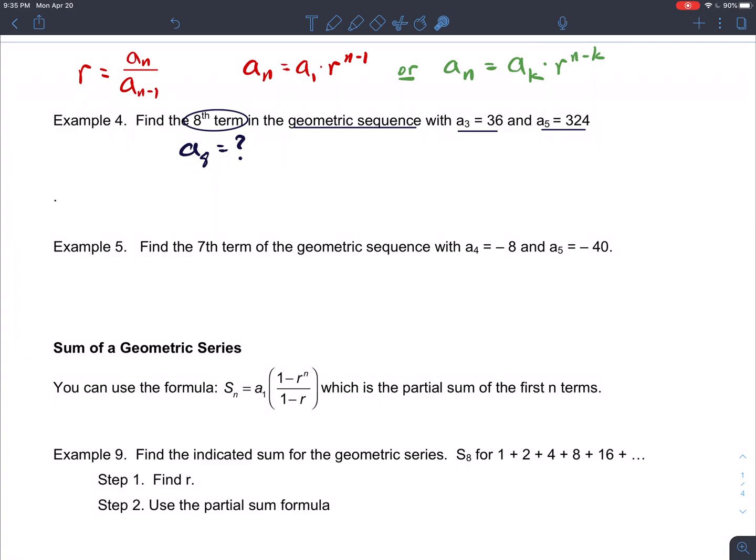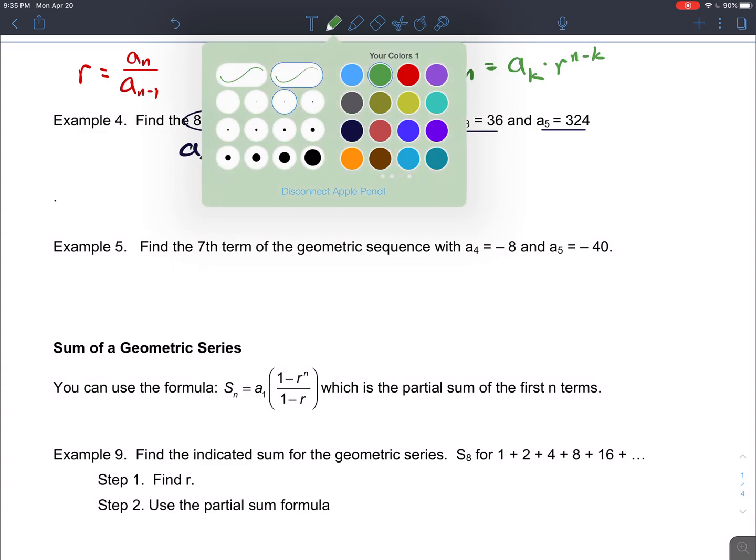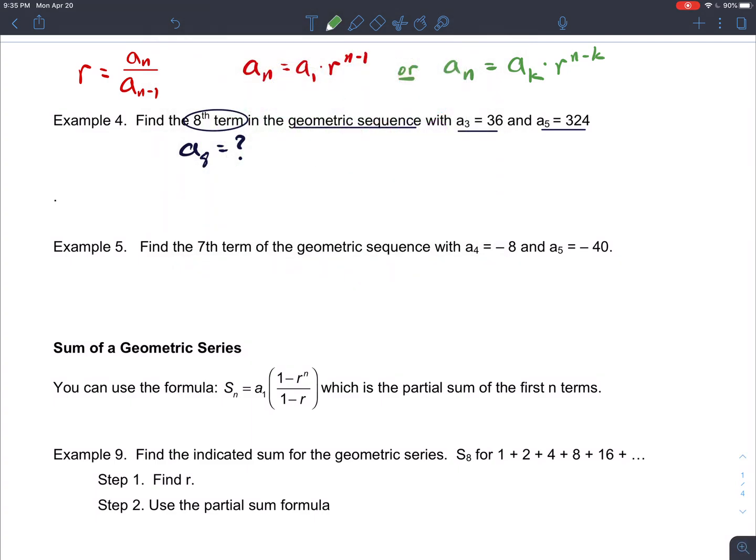I'm going to say, what is that common ratio, r? If we take this formula and try to solve it for r, the first thing I would do is divide by a sub k. So a sub n over a sub k is equal to r to the n minus k power.